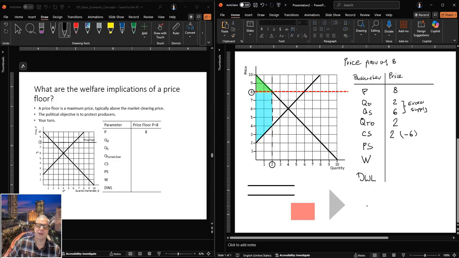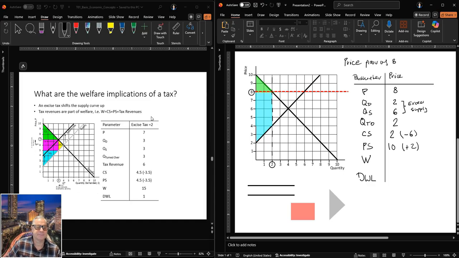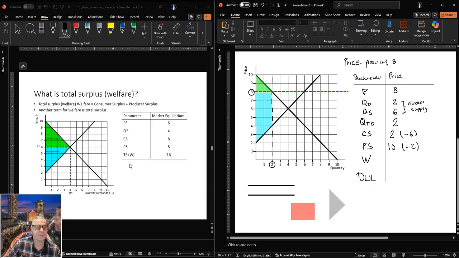So now this area, the blue area, is again 1.5, 2, 3, 4, 5, 6, 7, 8, 9, 10. And that is a gain of plus 2, because the producers in the market equilibrium got 8.